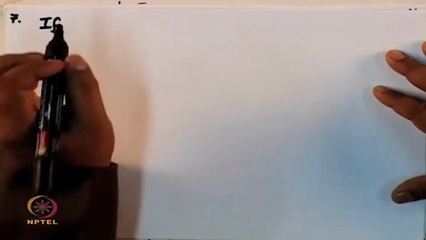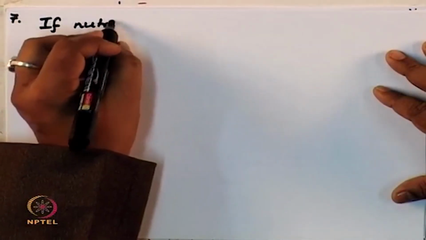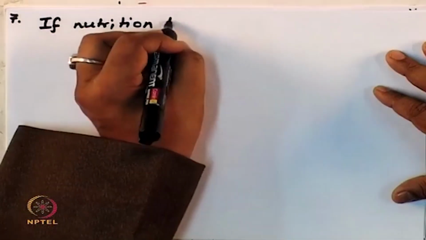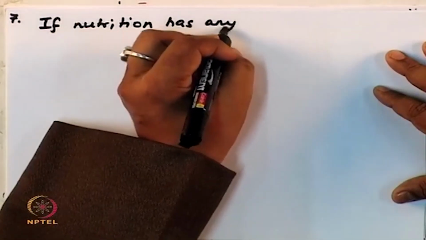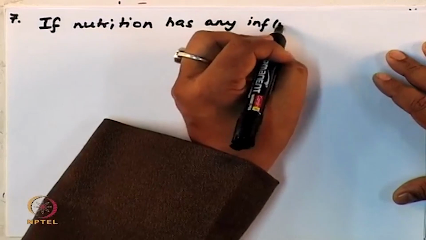So, let us revisit the problem we had solved yesterday, okay, where we had tried to correlate, if we asked the question, if nutrition has any influence on attention span.